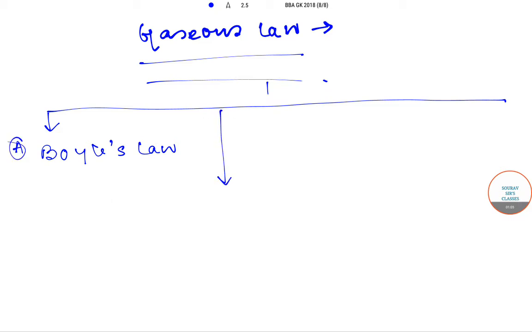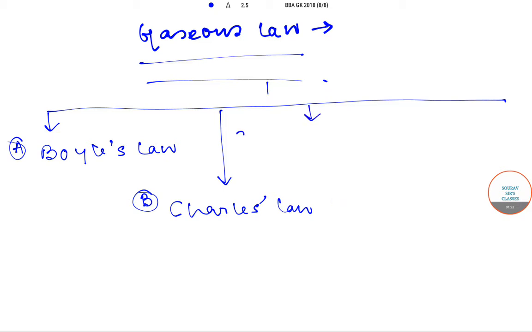The second law that we have to study is Charles' law. This is the second one.